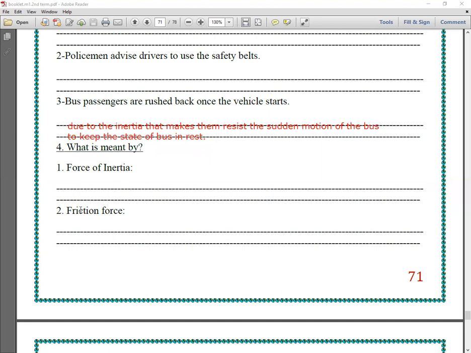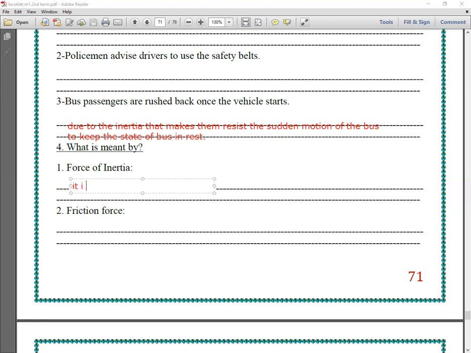Number 4, what is meant by the force of inertia? It's a property of the object to resist the change of its state. So let's write it.